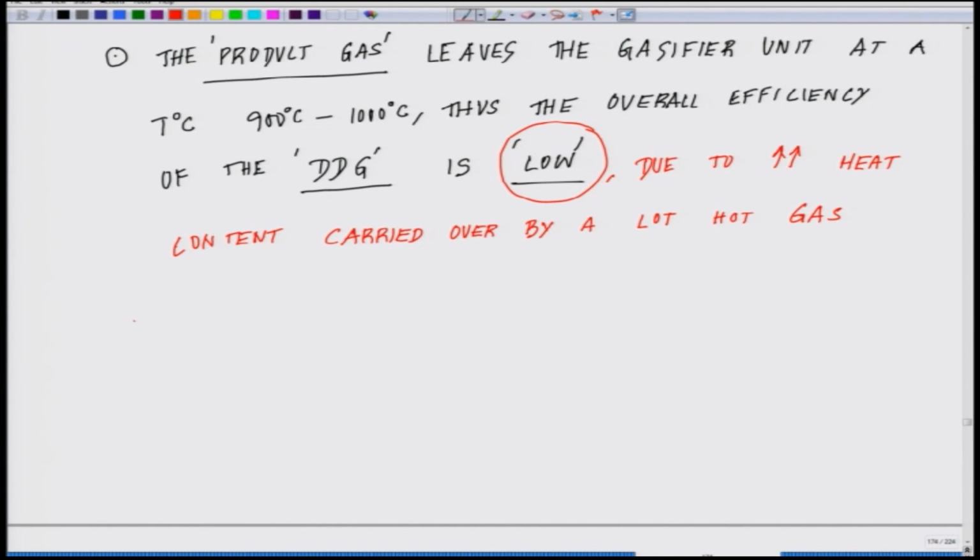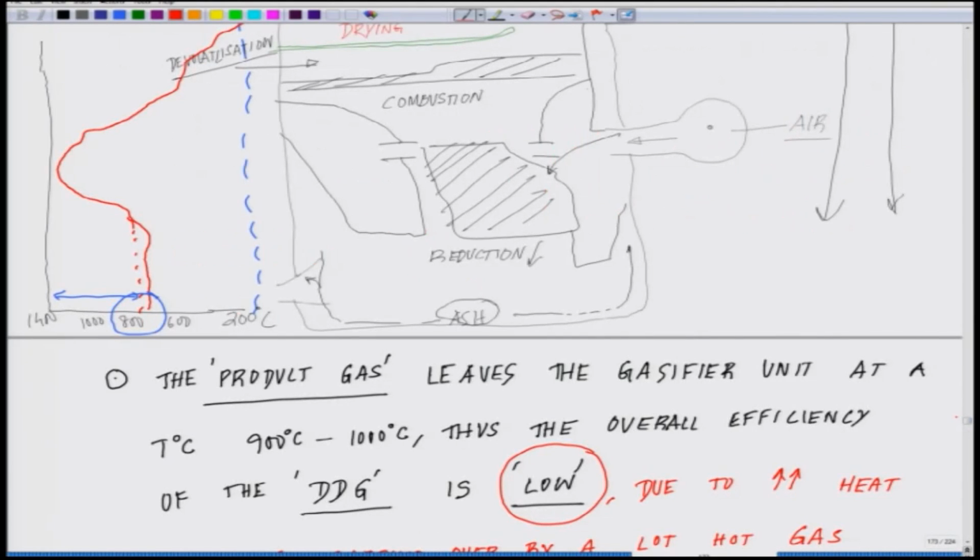Second thing, there is a very interesting trade off which happens. The tar concentration which is produced here is low. Tar really goes down, but here is the catch. Why are you having lesser tar? Because of persistent maintenance of a higher temperature, a lot of tar molecules get broken down.